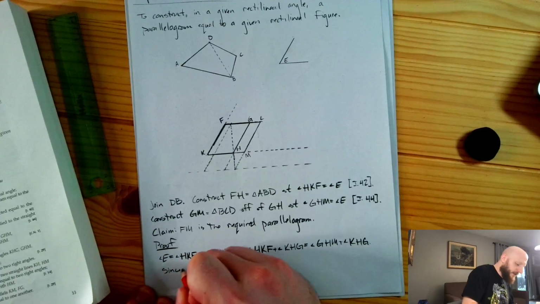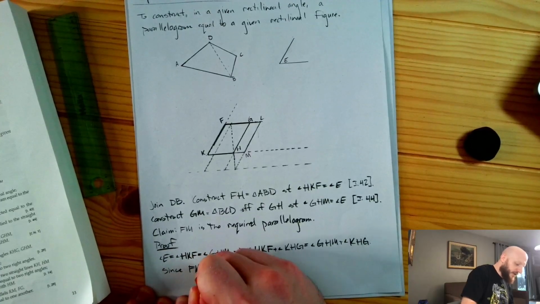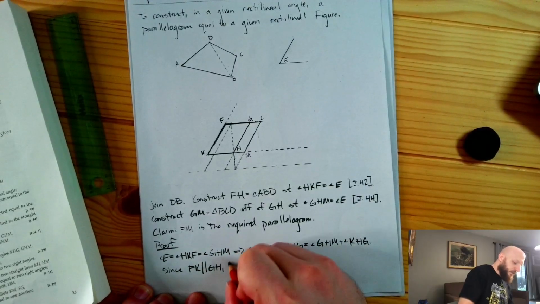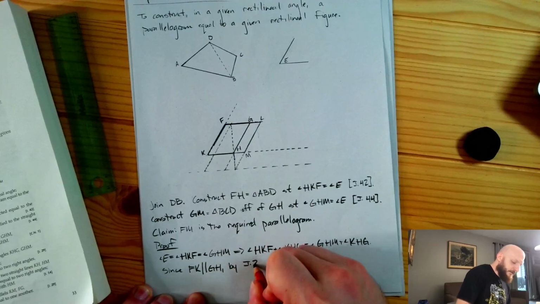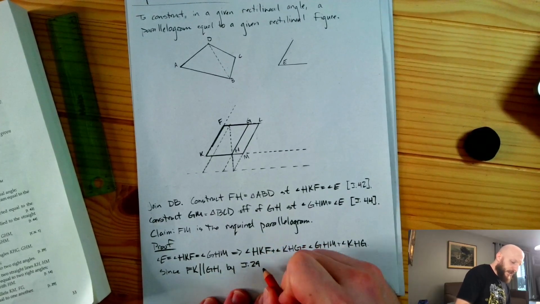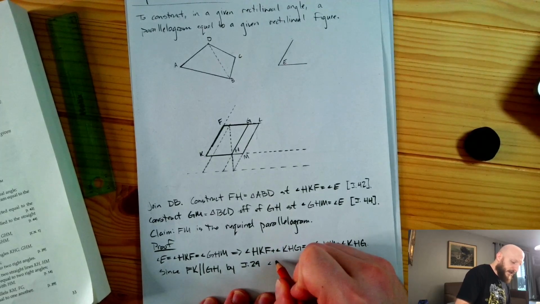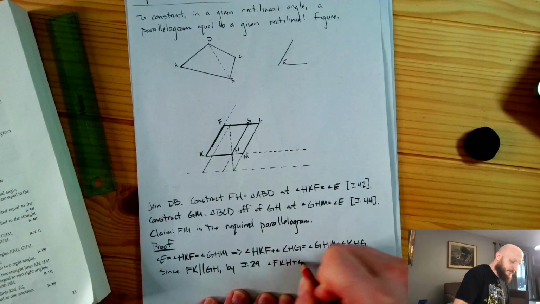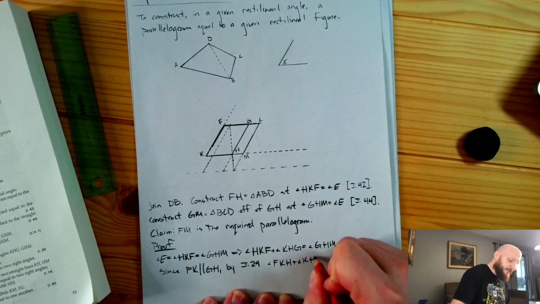Since FK is parallel to GH, by Prop 29, we get that angle FKH plus angle KHG equals two rights.